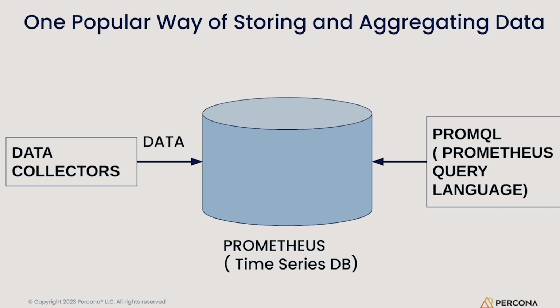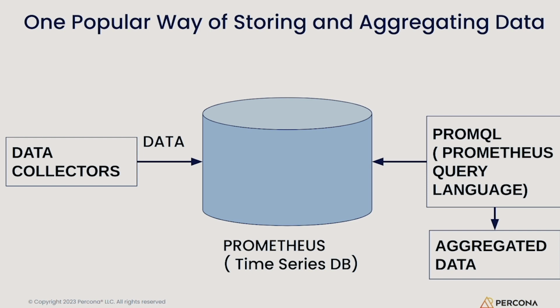We run something called PromQL, the Prometheus query language, to give aggregated data. A simple example: suppose I'm exposing the memory usage at this point in time, and I'm sending it every single second.